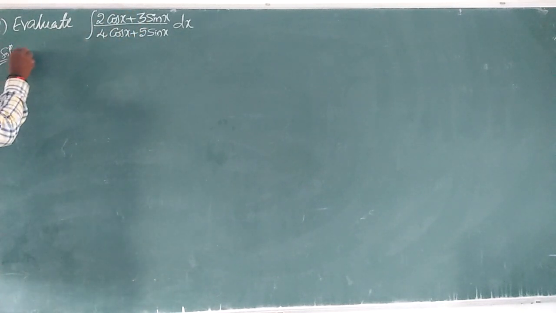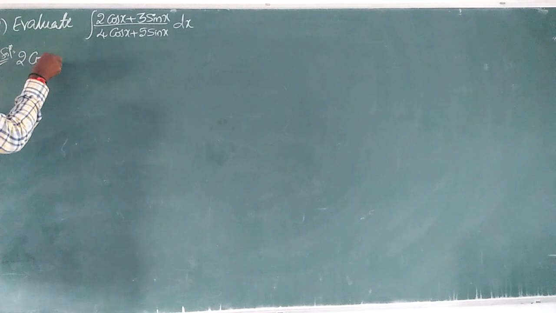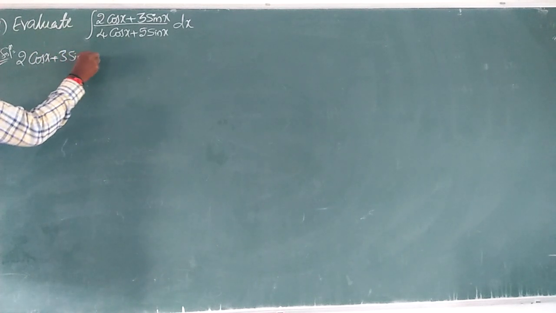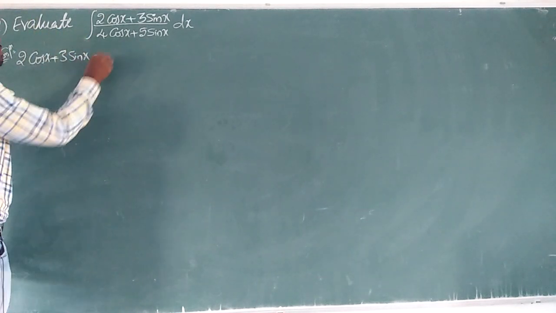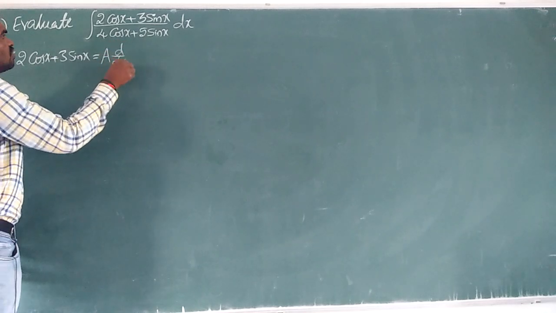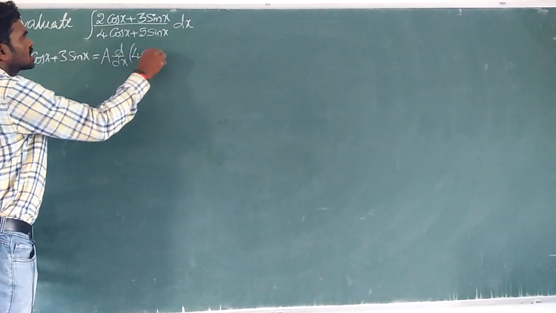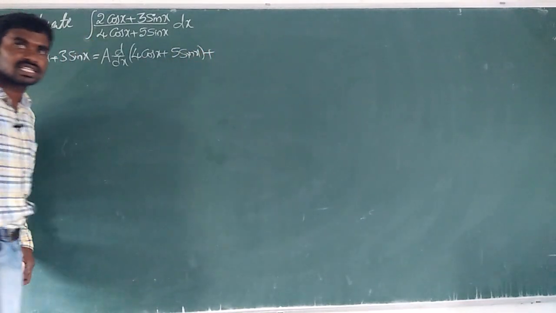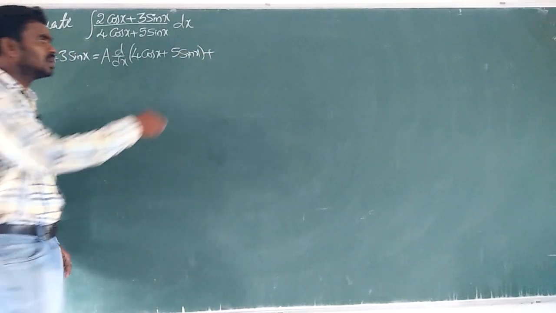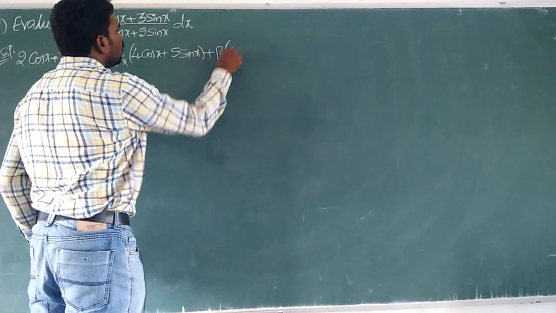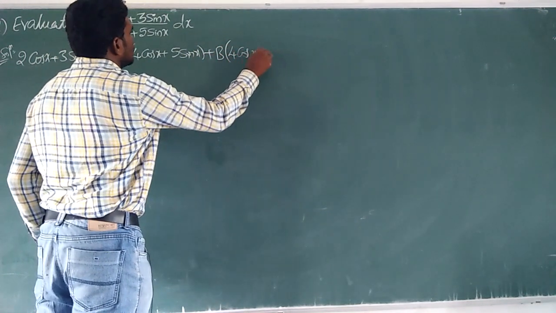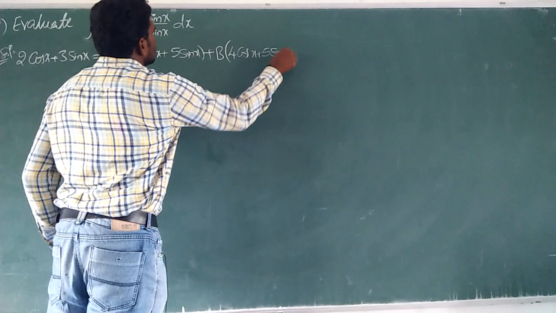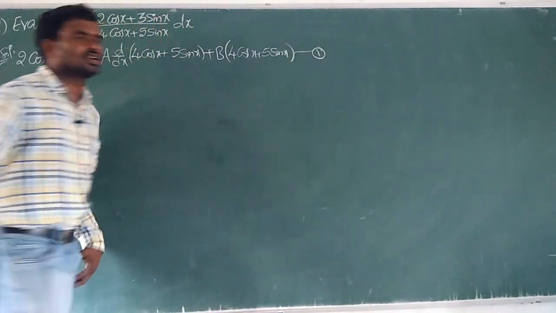So here the numerator is 2 cos x plus 3 sin x. It can be written as some capital A into d by dx of denominator 4 cos x plus 5 sin x, and plus again B into 4 cos x plus 5 sin x. So taking equation 1, better to take.